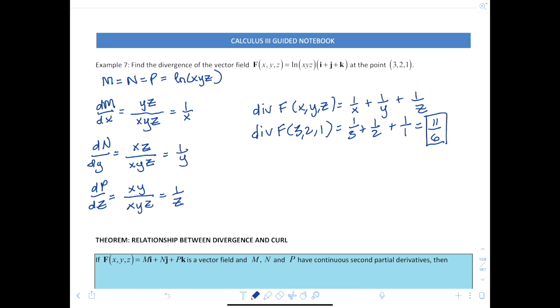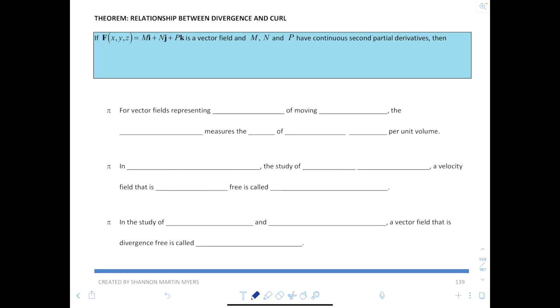Cool, cool? All right. So the relationship between divergence and curl. So if your vector field f at x, y, and z equal to m times i plus n times j plus p times k is a vector field, and m, n, and p have continuous second partial derivatives, then the divergence of the curl of f, and remember, curl of f is a vector.